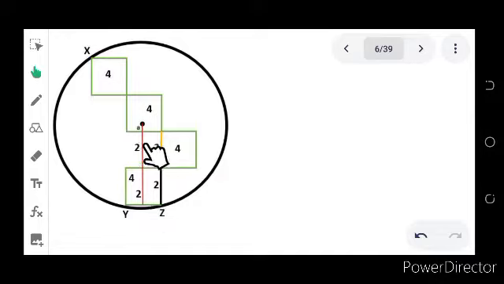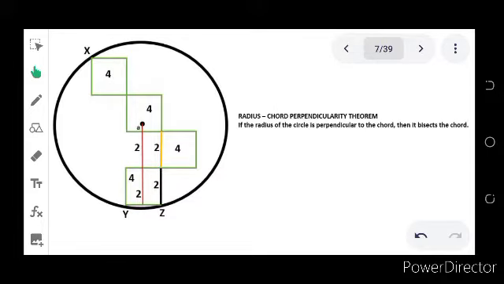Take note that this radius is perpendicular to chord YZ. So you now have a radius intersecting a chord in a perpendicular manner. We'll now go to a theorem called the radius chord perpendicularity theorem, which states that if the radius of the circle is perpendicular to the chord, then it bisects the chord.